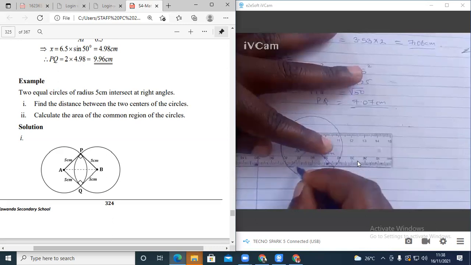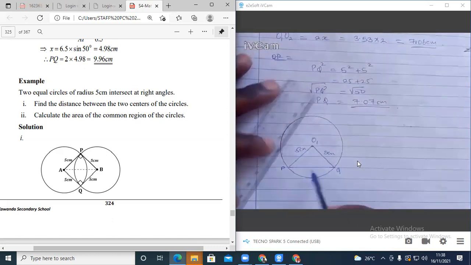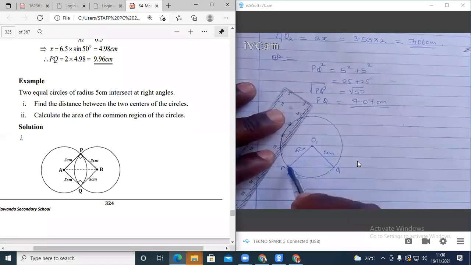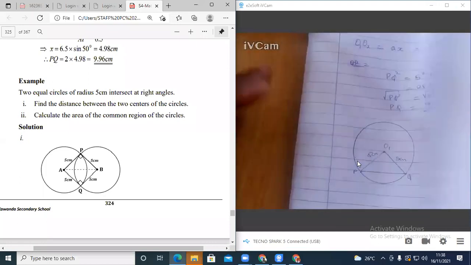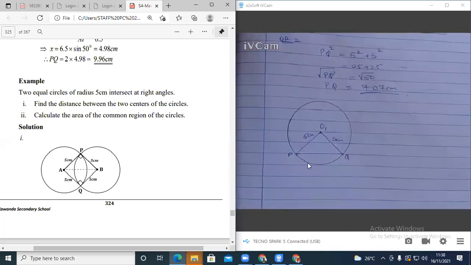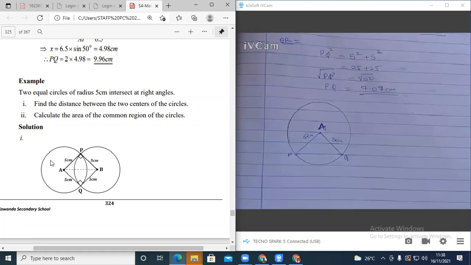The common chord is here, which is PQ. The other circle also passes somewhere here like this, but they share the same chord. Maybe when you look at this in the book, I've drawn only this circle, which I call A.